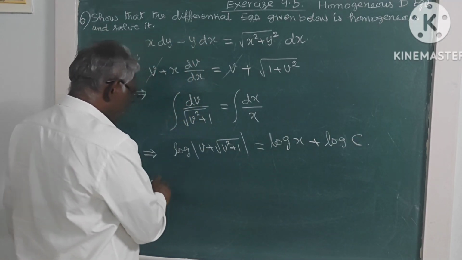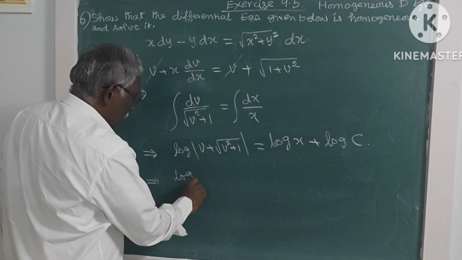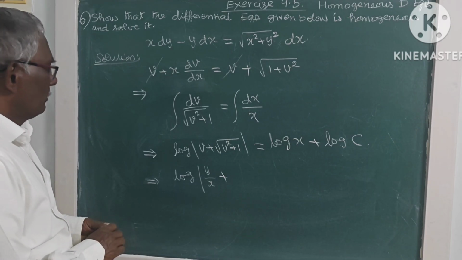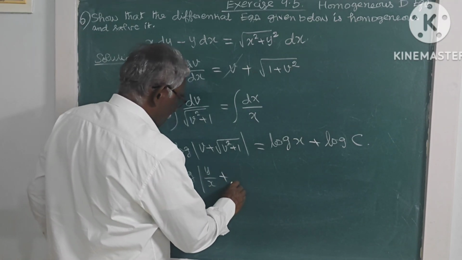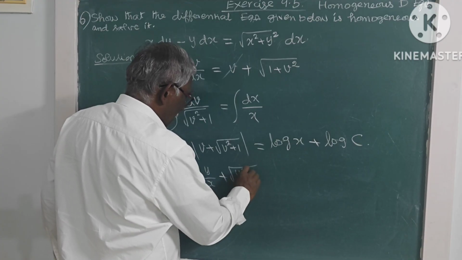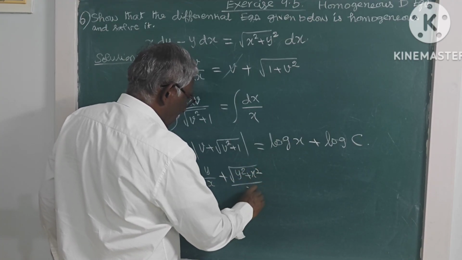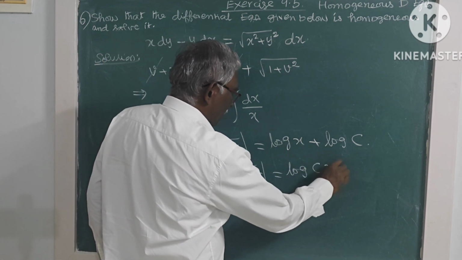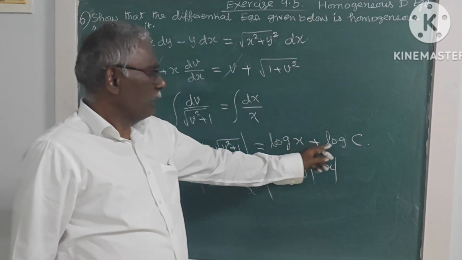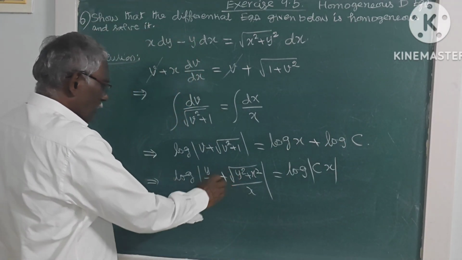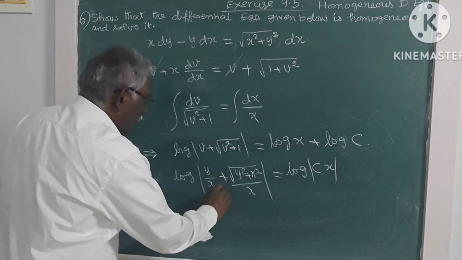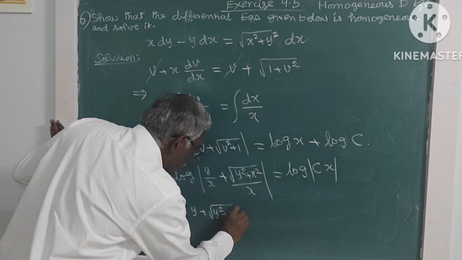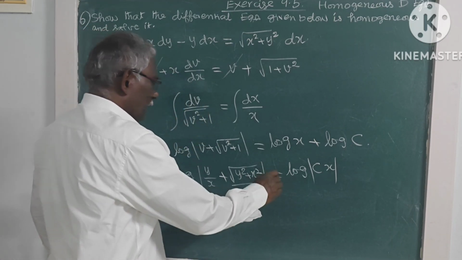So we can write this as log of y by x plus square root of 1 plus y by x whole square is equal to log of cx. Log m plus log n is log mn. Log is there on both sides, so we can rewrite this as y plus square root of y square plus x square is equal to cx.